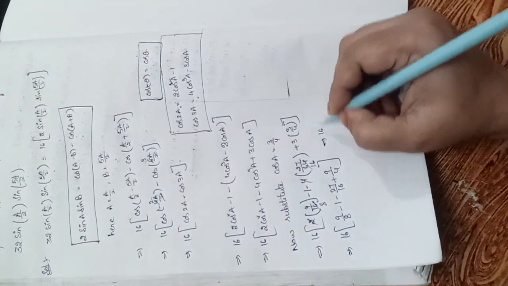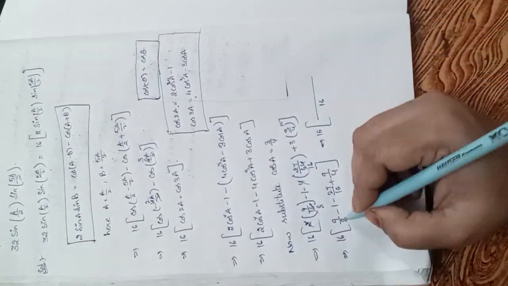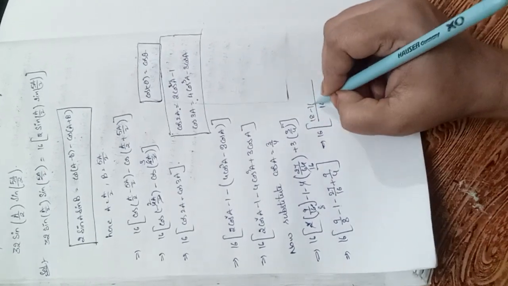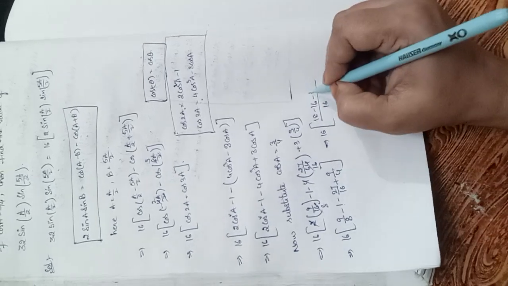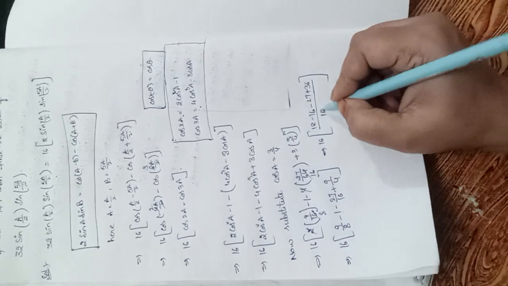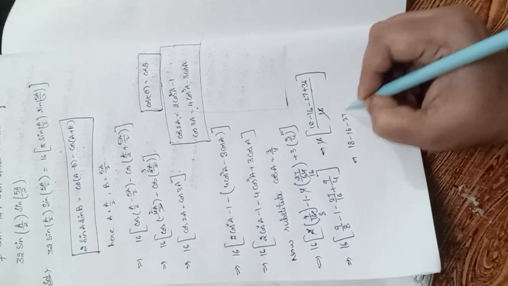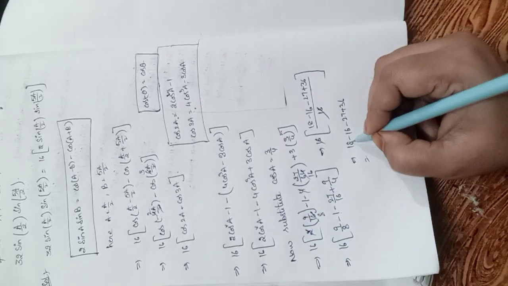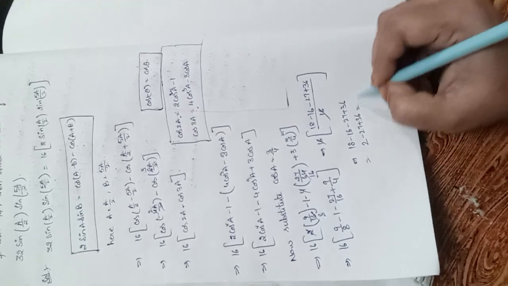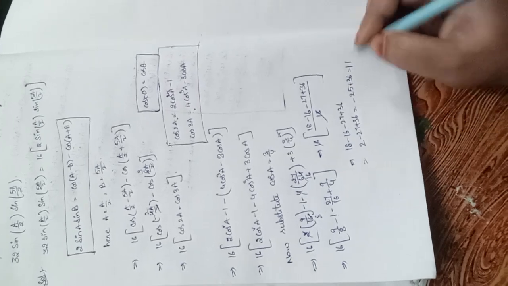For these numbers we take 16 as the LCM: 18 minus 16 minus 27 plus 36, and the 16s cancel. 18 minus 16 is 2, minus 27 plus 36 gives minus 25 plus 36, which equals 11.